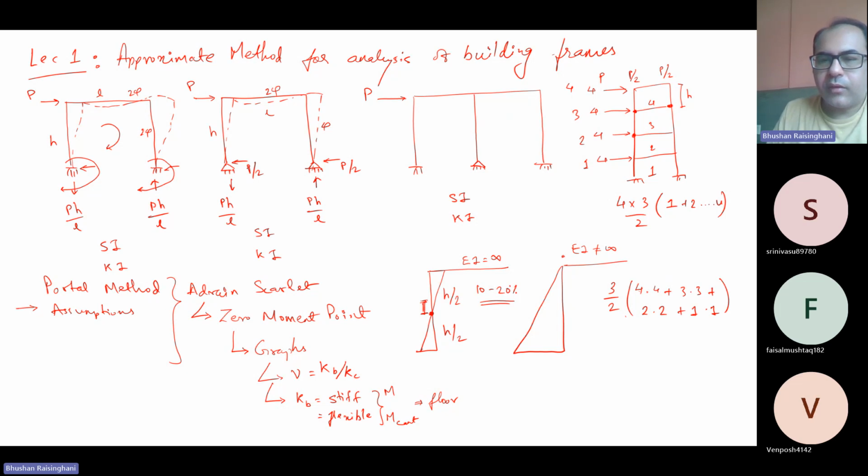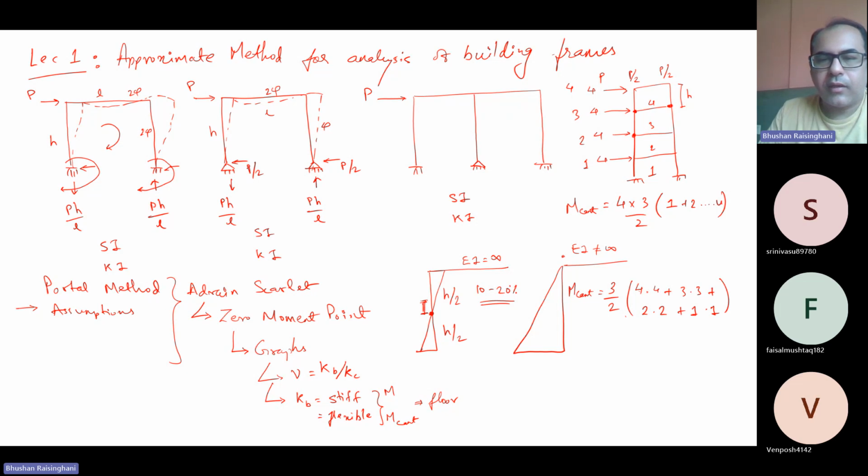So h by 2 will be transferred up to the bottom. So that way you will get your M cantilever. So these are the formulas for M cantilever. Rest is the same, nothing much will change.